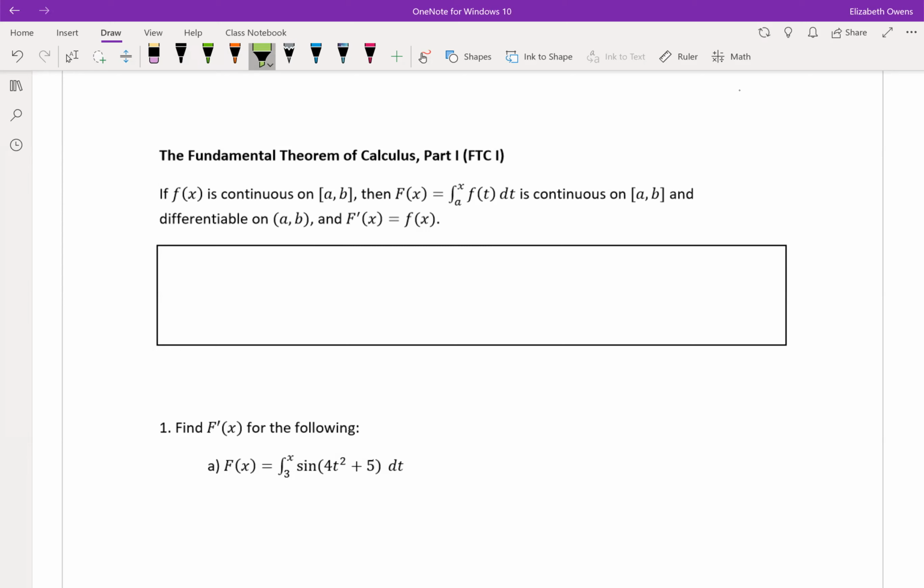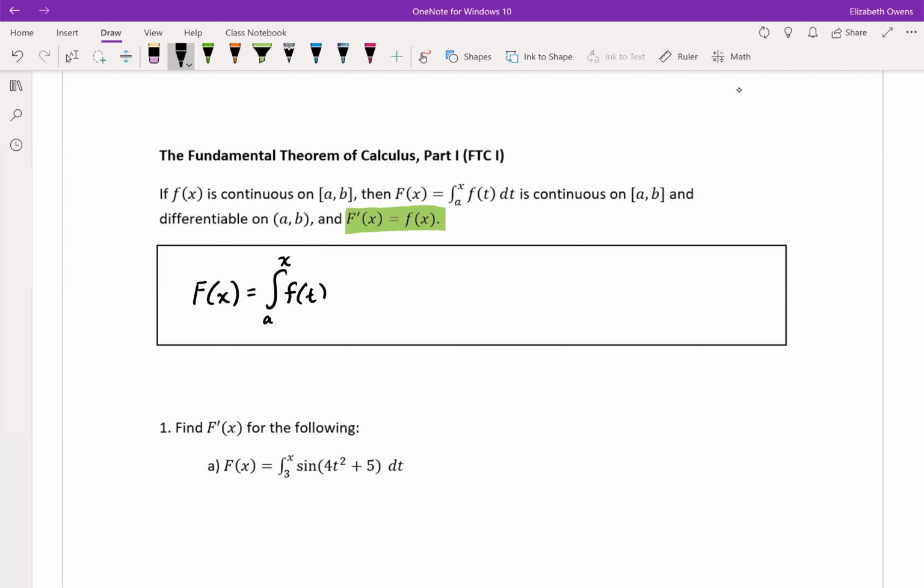And big F prime of x equals little f of x. Okay, so there's a lot going on in this definition, but that is the main thing that you need to focus on.